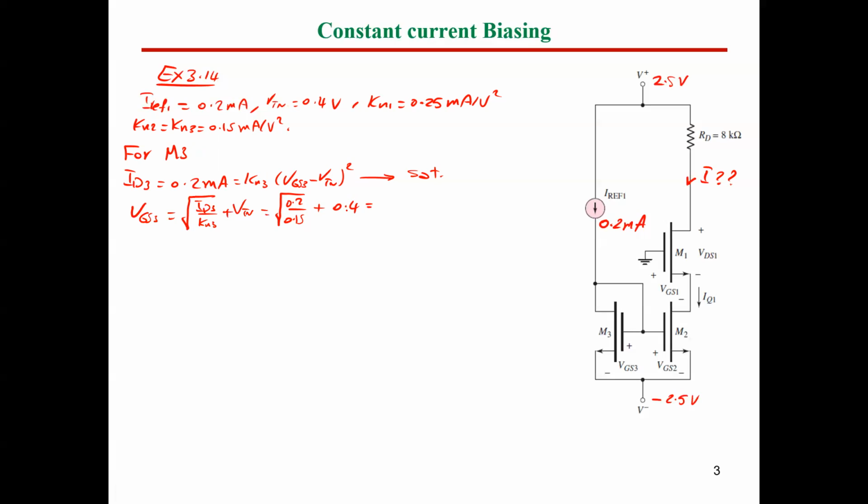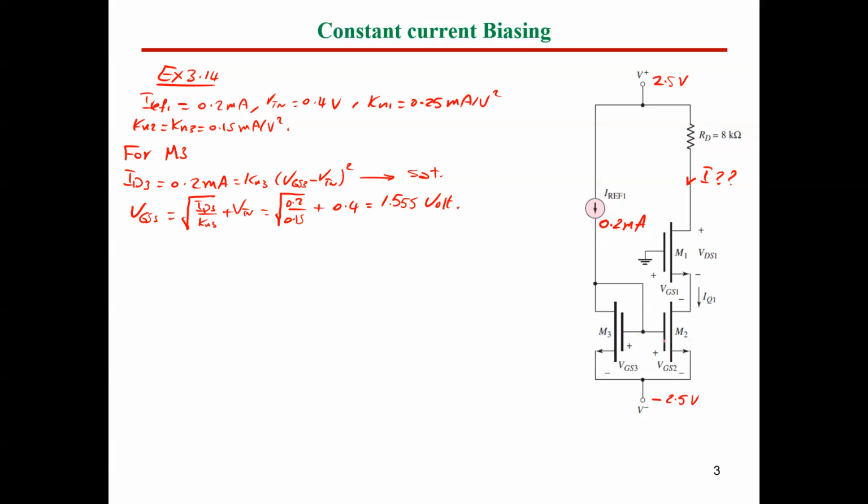Substituting with the values here, you will find VGS3 equals 1.555 volt. So this is now the value of V gate to source for M3.